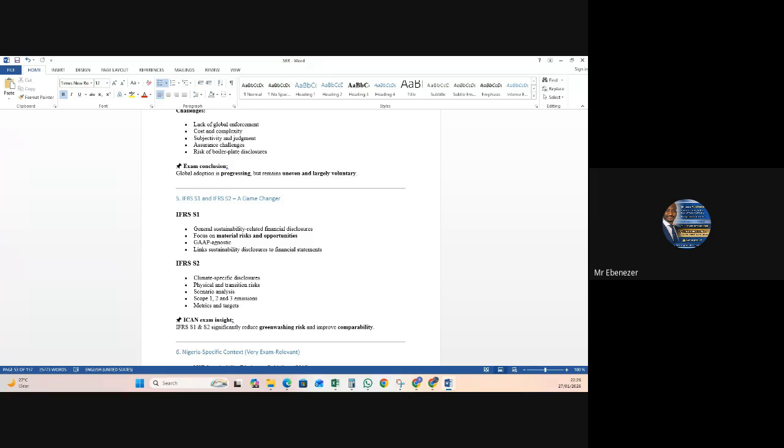So we are saying that you should tell them the relationship between sustainability risk and the opportunity. And of course, it follows the principle of GAAP. It is generally accepted accounting principle, right? Then also it links sustainability disclosures to financial statements. Any question? Shall we proceed?